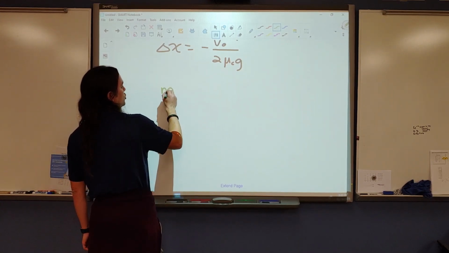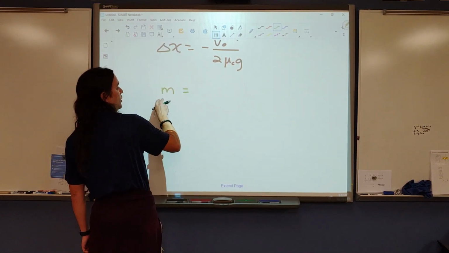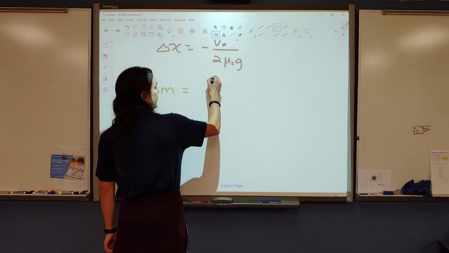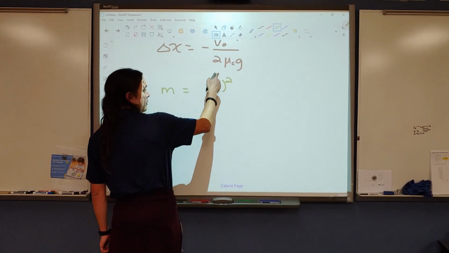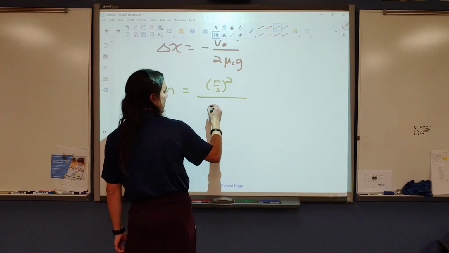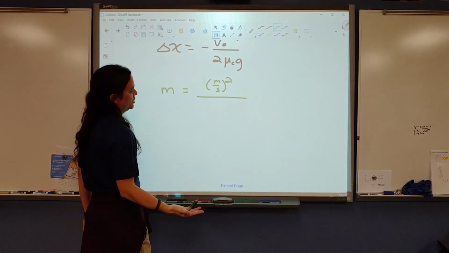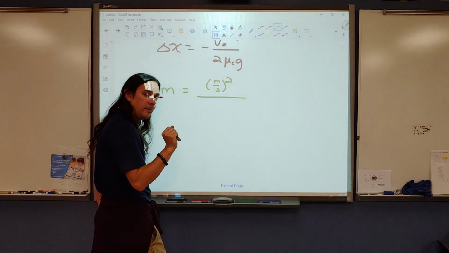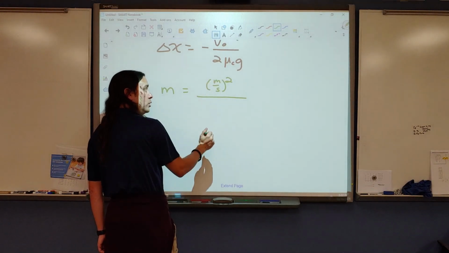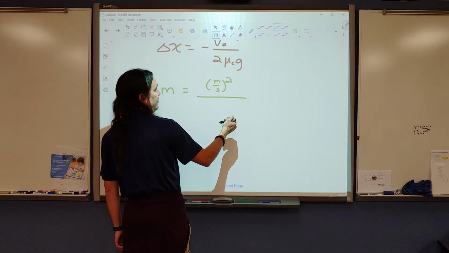Well, delta x is measured in meters, so on the left-hand side of the equation, we have meters. We have equals meters per second for our velocity squared, so that's going to be meters squared per second squared, we'll come back to that, over 2, well 2 is just a number so it has no units, mu. Here's why I mentioned a big deal about mu not having units. It also doesn't have units.